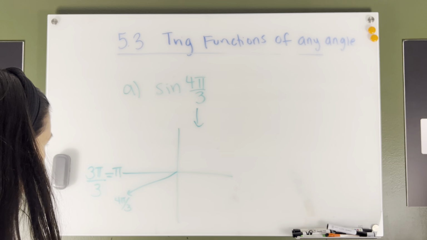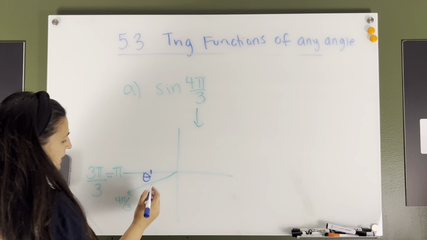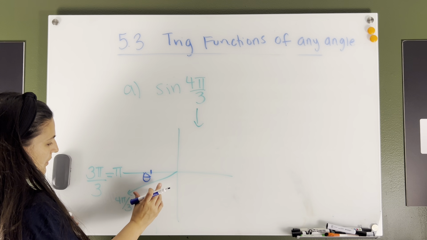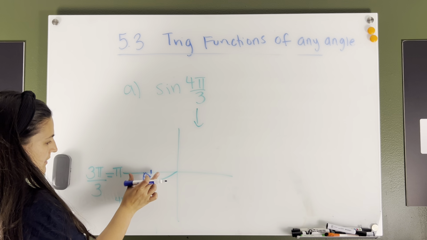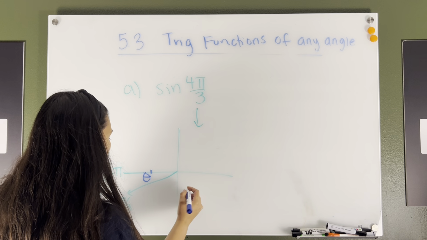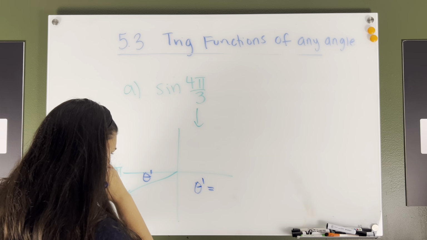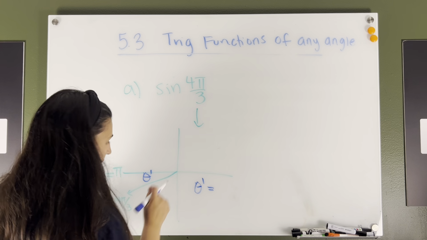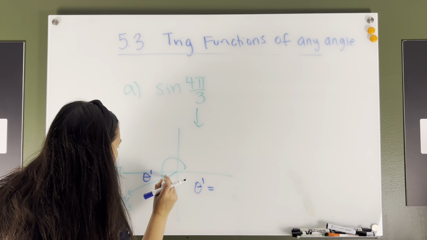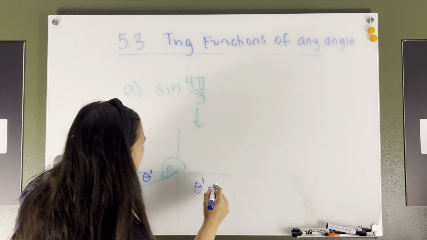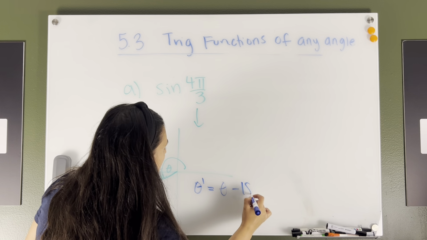The reference angle, remember, is theta prime, the acute angle formed between the terminal side and the x-axis. So how do we find that? Theta prime equals the entire angle theta minus 180 degrees.